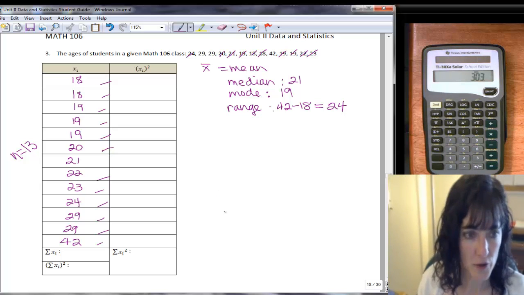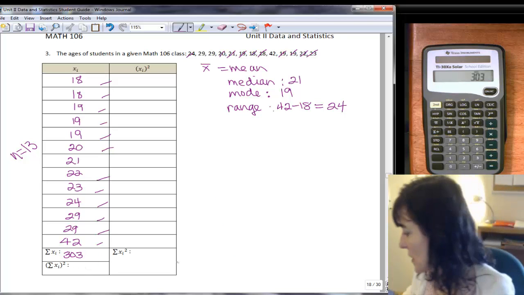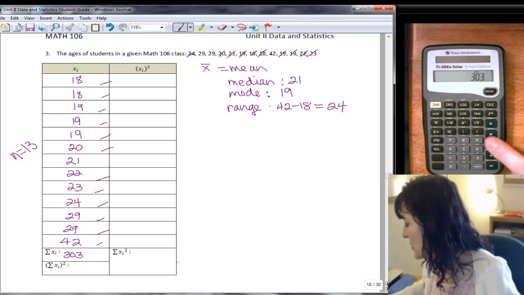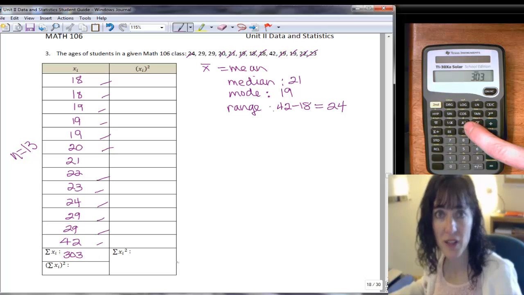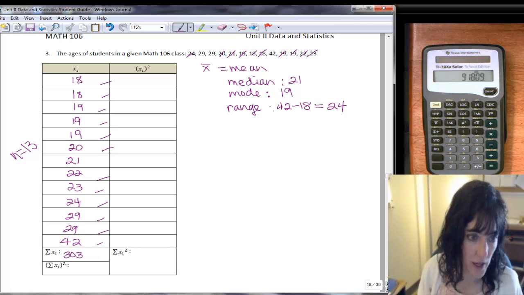And so I get 303. Write that in. And then I'll square that. It's sitting on my calculator, so I use my squared button here. Square that. I get 91809. Write that in.